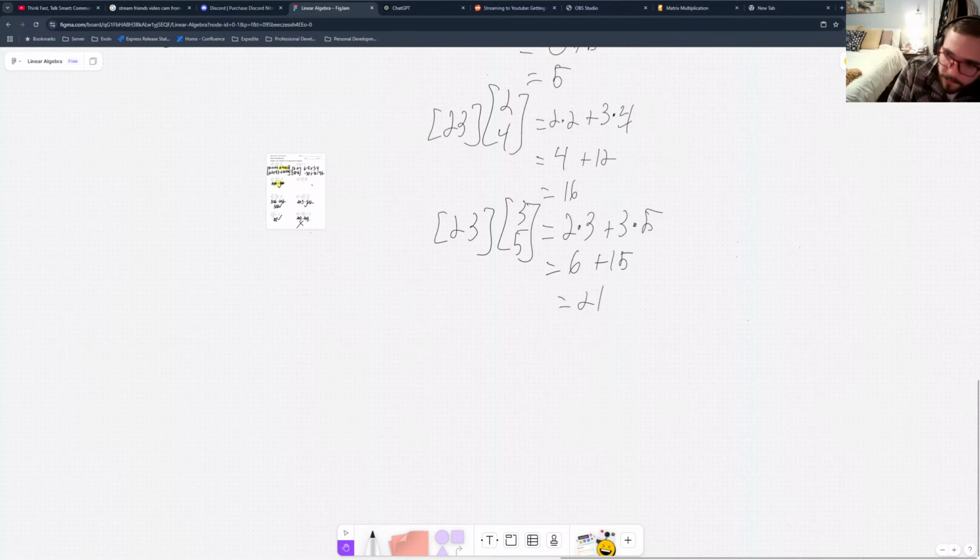I'm going to write this a little differently than we've done before. So this is just another way of writing the systems. Remember we talked about the augmented matrix, which was like the coefficients and stuff.